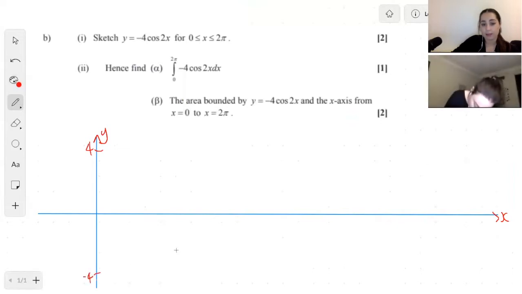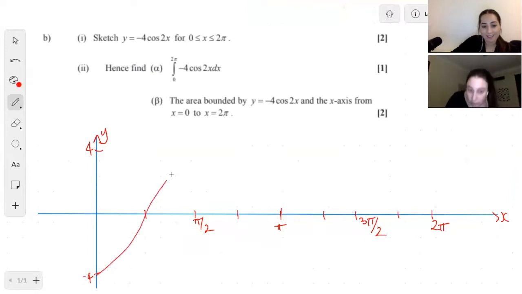And it's 2, so there's going to be 2 cycles. So it's going to start at -4 and go up like a hilly mountain.